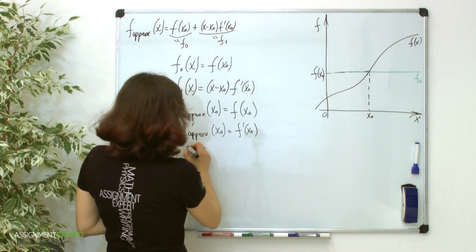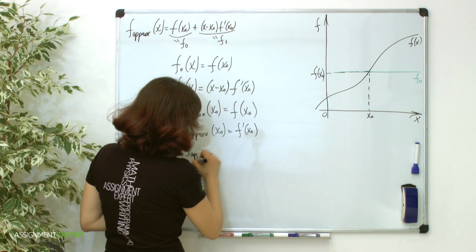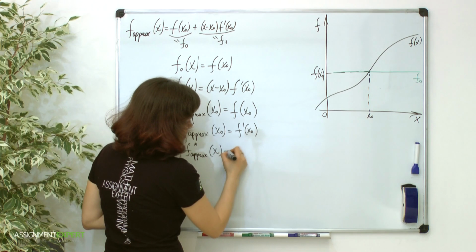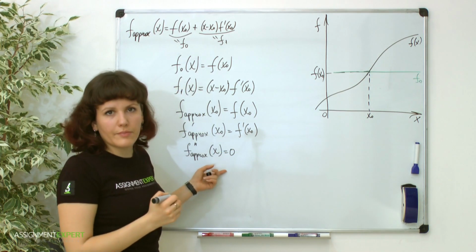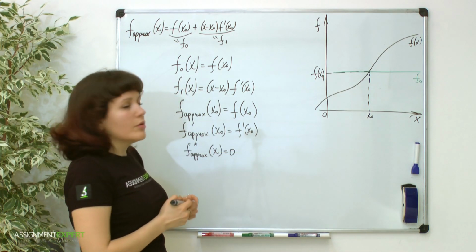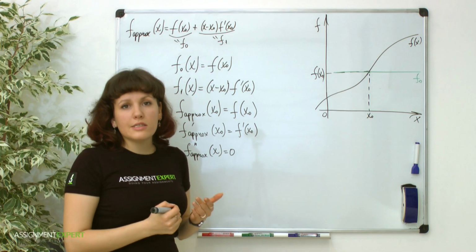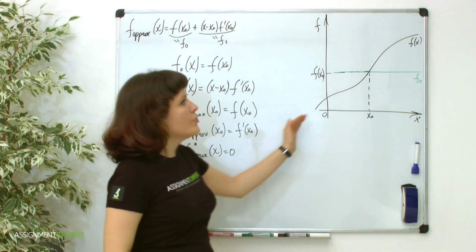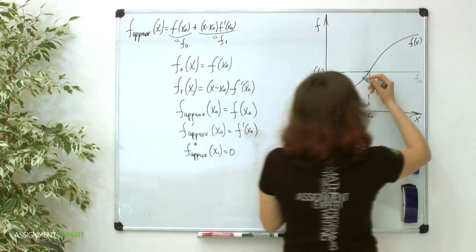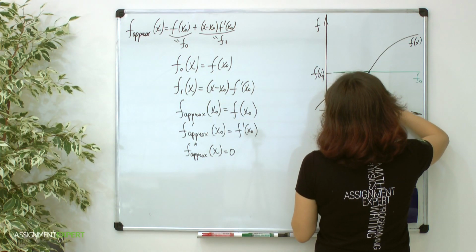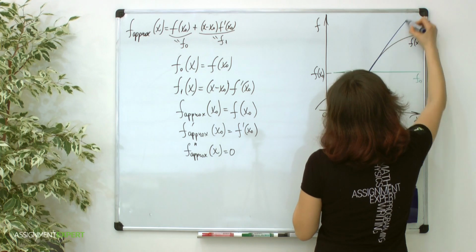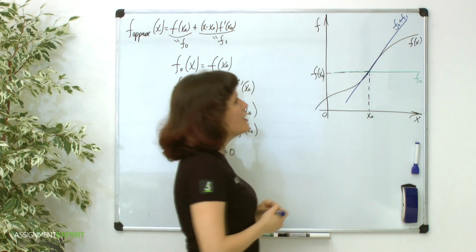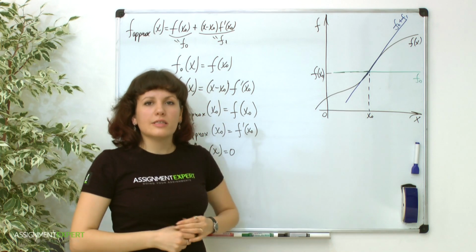But f_approx double prime of x equals 0 at any point again. Now we also obtain a straight line, but this time its slope at the point x0 is the same as the slope of our function. But still our approximation is not very good.